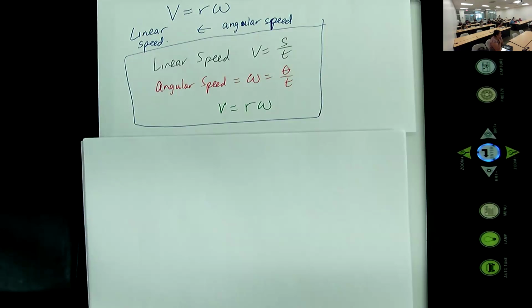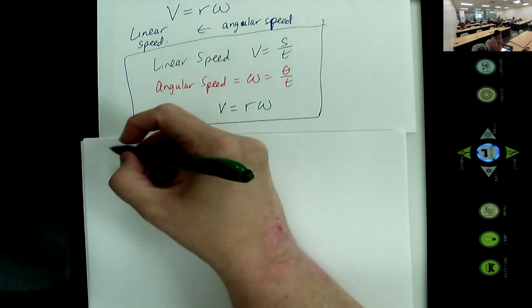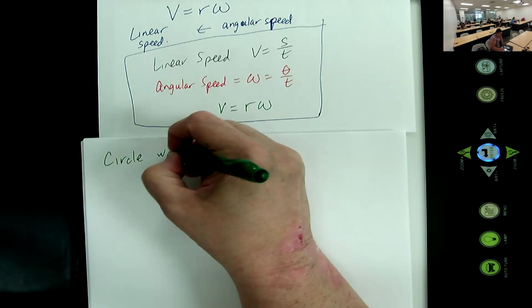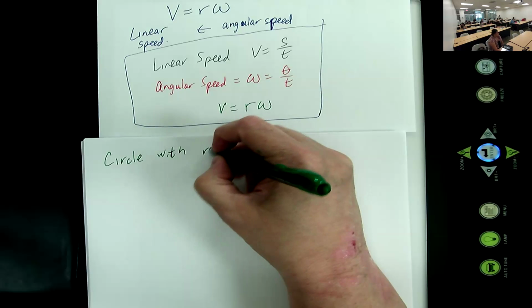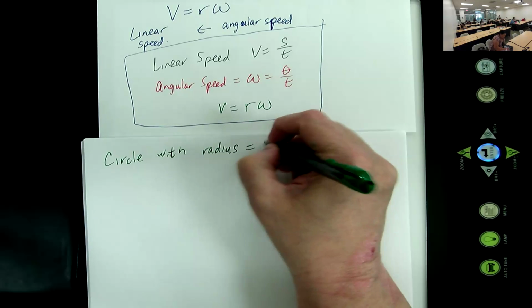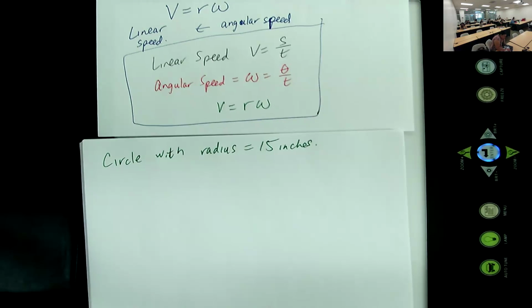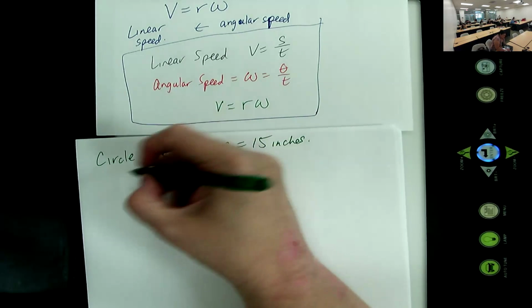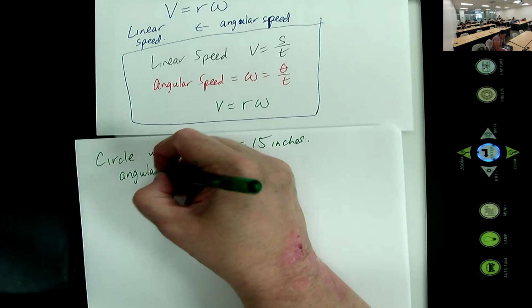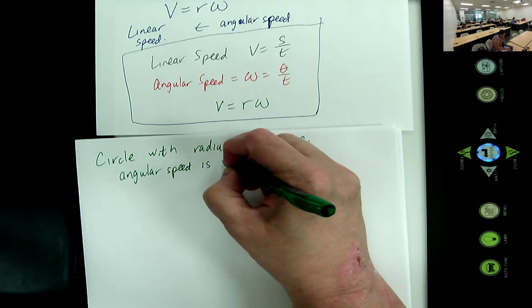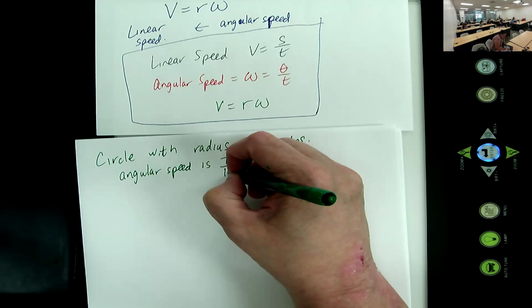Let's do some examples. Let's say we have a circle with a radius of 15 inches. And the angular speed is pi over 12 radians per second.